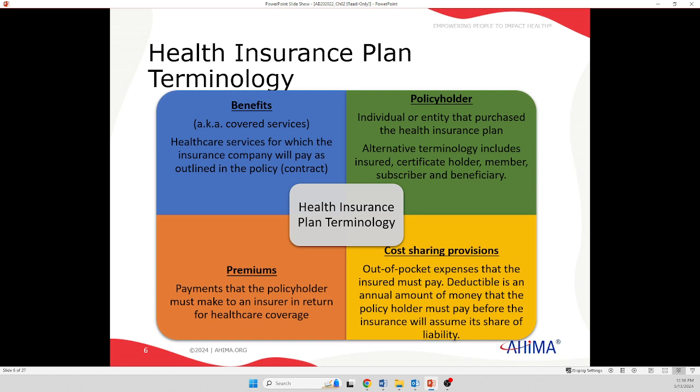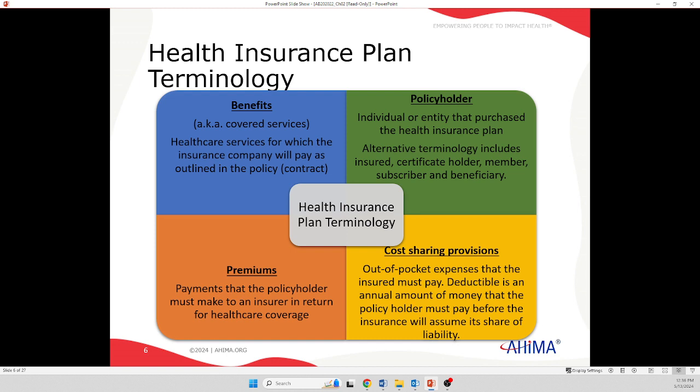Now, here's some terminology that we use whenever we're discussing health insurance. The first one there in blue is our benefits, also known as our covered services. This is the healthcare services for which the insurance company will pay as outlined in the policy or the contract. Our premiums, and we talked about that in Chapter 1.